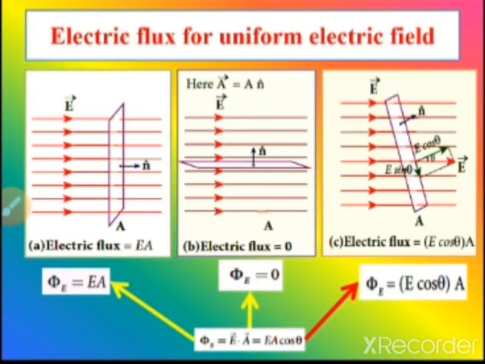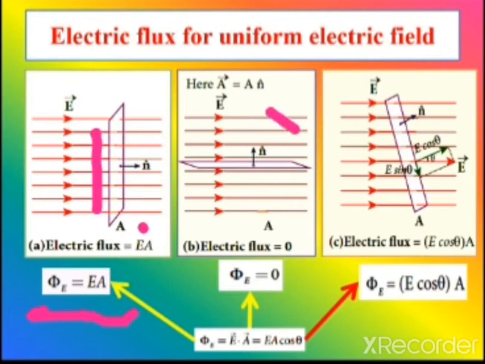First concept: the electric flux in a uniform electric field. Consider an area A normal to the electric field lines, as shown in the figure. In this case, the value of electric flux is phi equals EA.